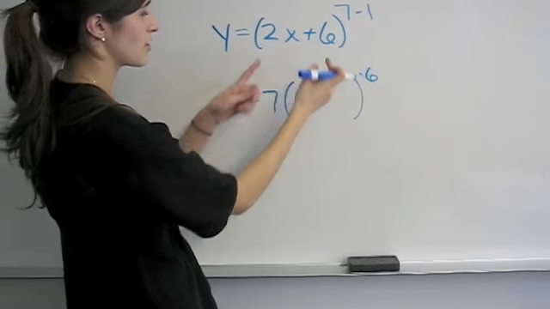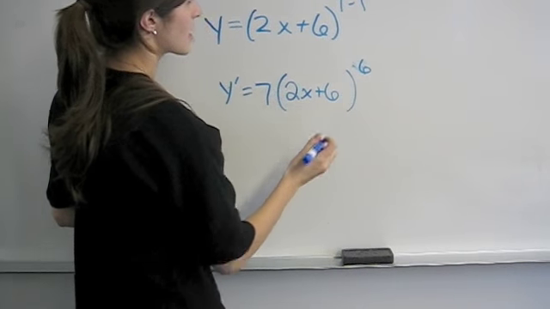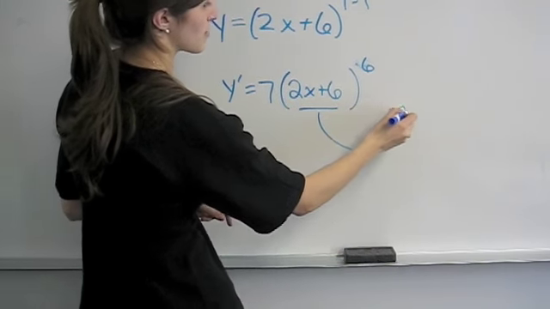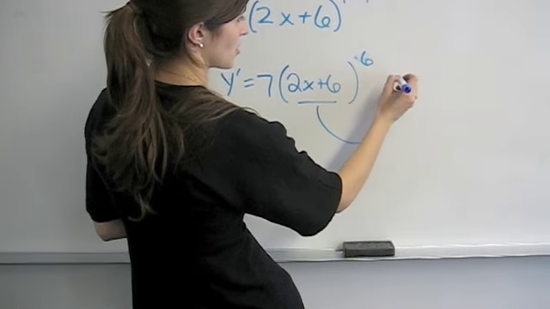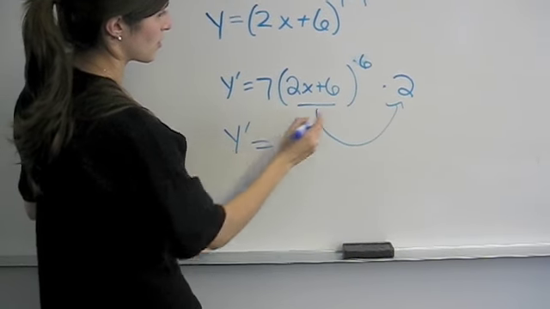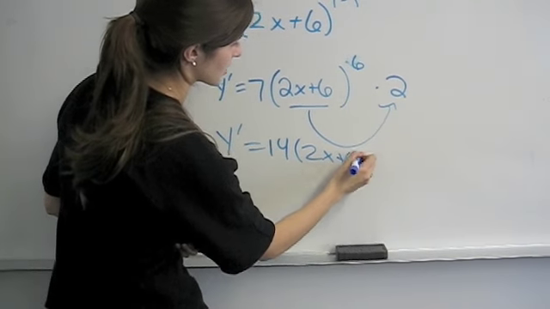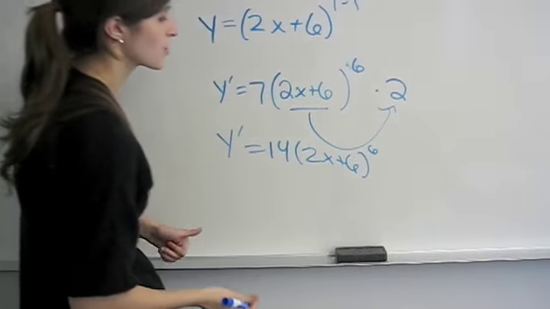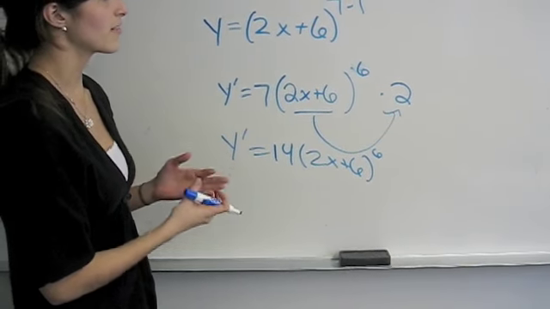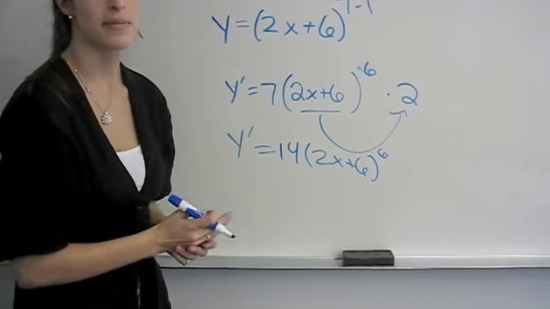Then we're calling this g of x, so we put in 2x plus 6. And then g prime, the derivative of this part, we multiply the whole problem by, which is just 2. Then you would simplify by putting the 2 in front, so you get 14 times 2x plus 6 to the 6. You could simplify a little bit more, but that is pretty much the derivative, and that took a lot less time than it would have to FOIL out the whole original problem.